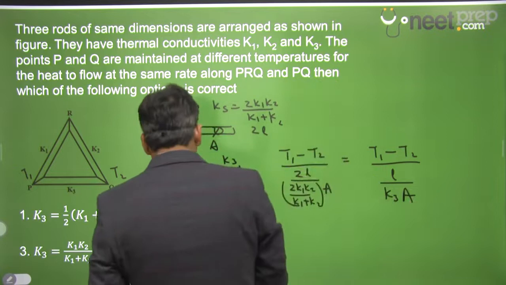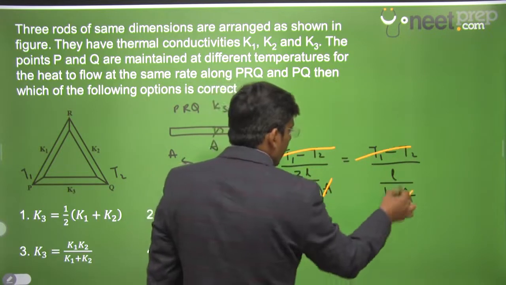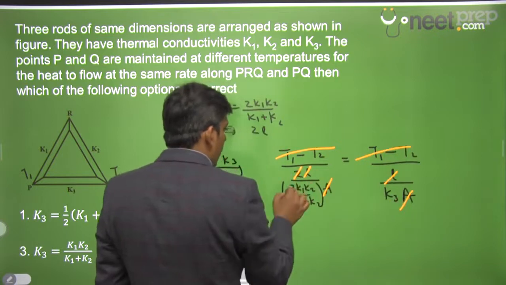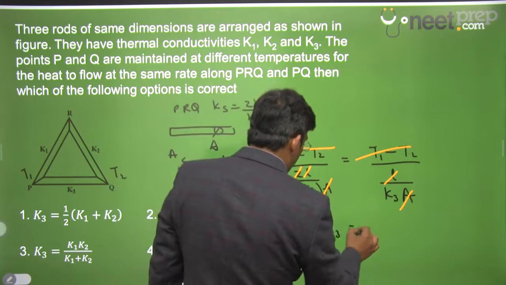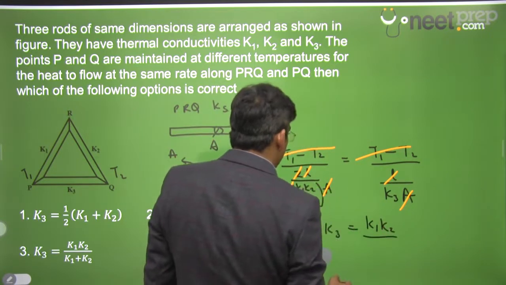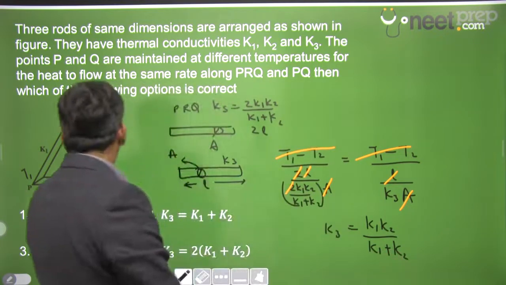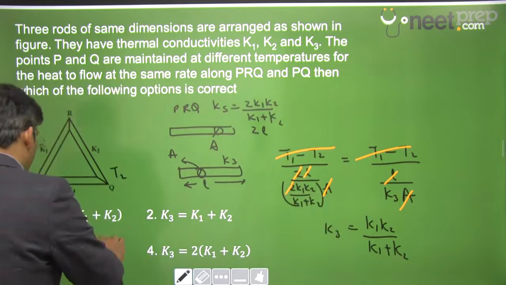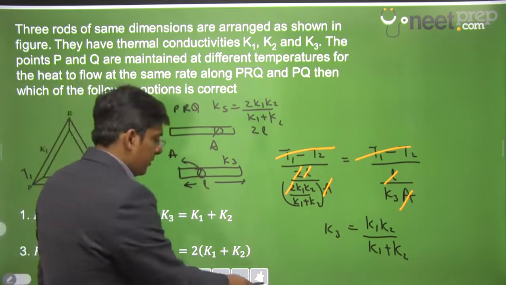So we are going to cancel a few things now: T1 minus T2, area, L, and 2. So we get the answer K3 as K1 into K2 divided by K1 plus K2. Is there any option like this? Yes, K3 is K1K2 divided by K1 plus K2 is the correct one, right, dear students?